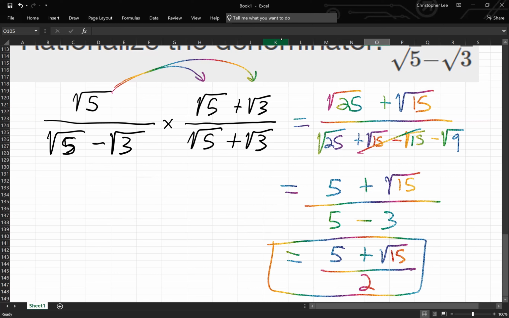That 5 minus 3, I ain't gonna lie, I have my fingers up. Yeah, I be doing that all the time.